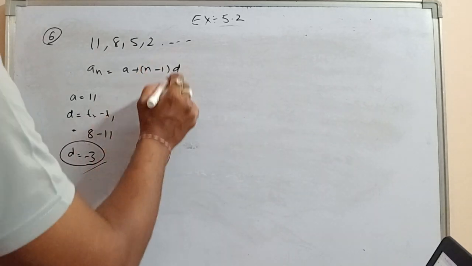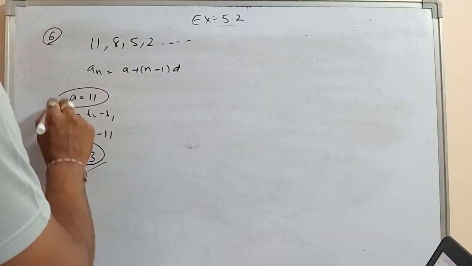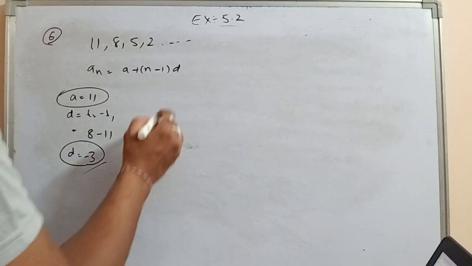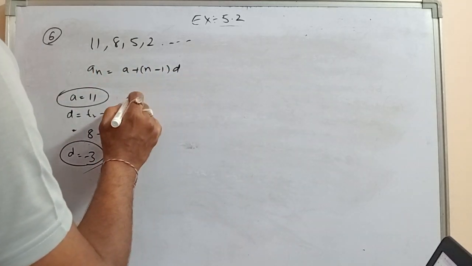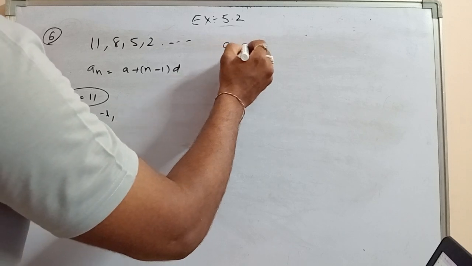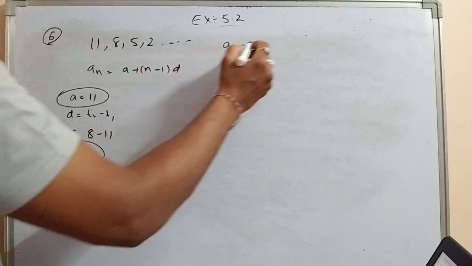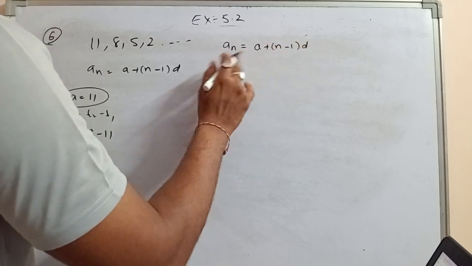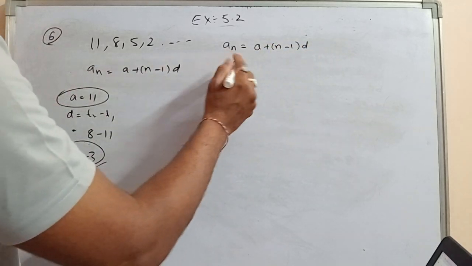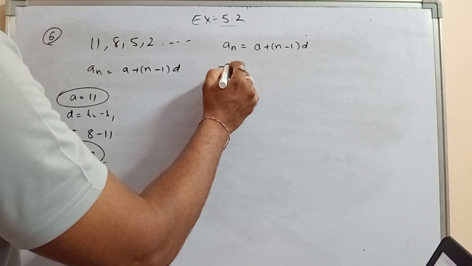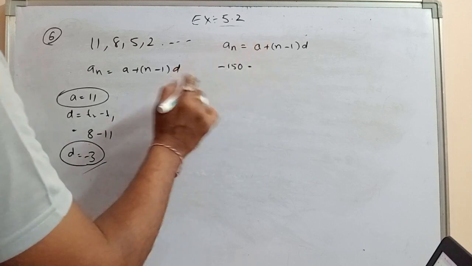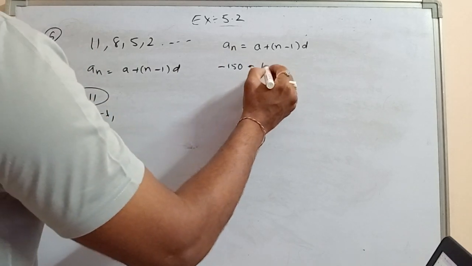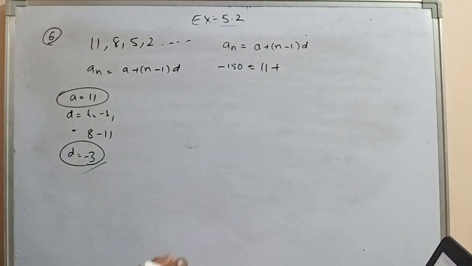So by substituting this value of a and the value of d in this equation, an we know as minus 150. I am writing the formula again in order to make you understand. An is equal to a plus n minus 1 into d. So an we know is minus 150 in the question, minus 150 is equal to a, the value of a is 11, 11 plus n minus 1 into d.